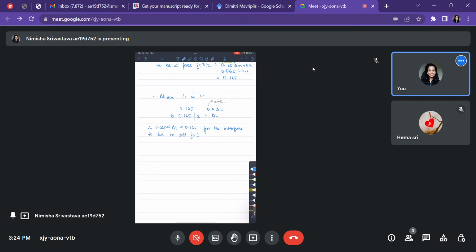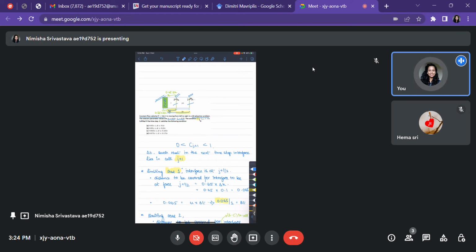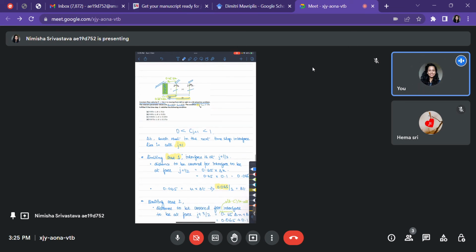Right. So this is our condition for a 1D flow case wherein a fluid is moving from one cell to the other, to find out a delta t such that the interface moves on to the next cell in the next time step. So anywhere between these two time steps that we have discovered, the interface can be over here, here, anywhere. So if the time step selected is between these two values, right?